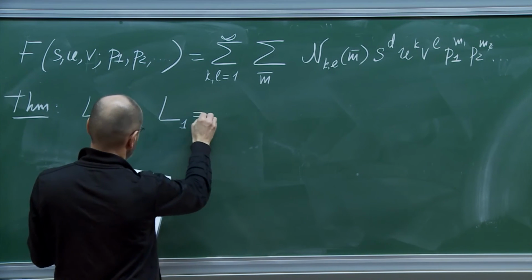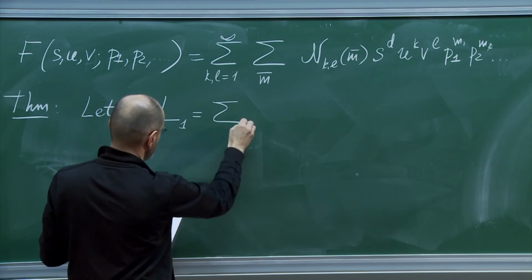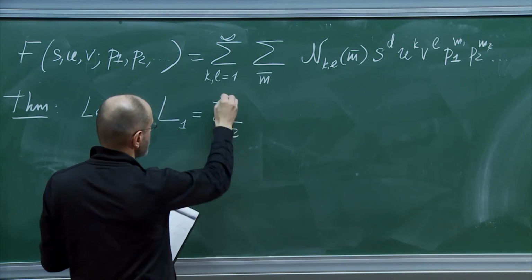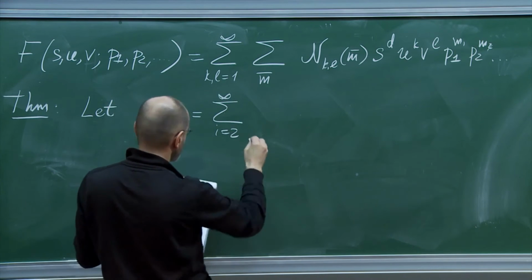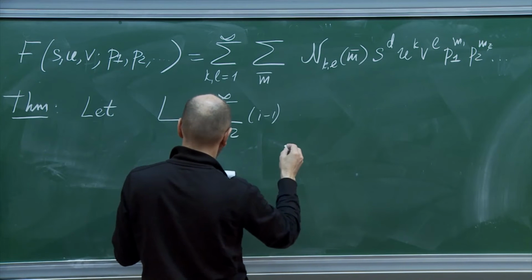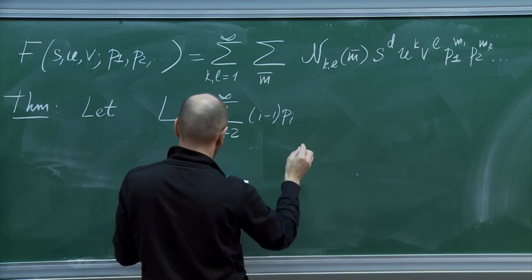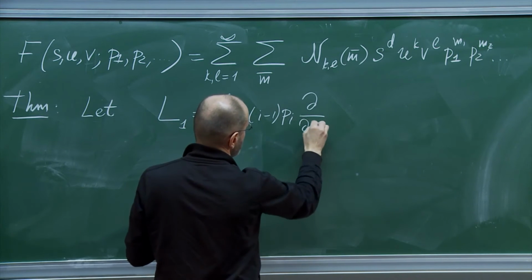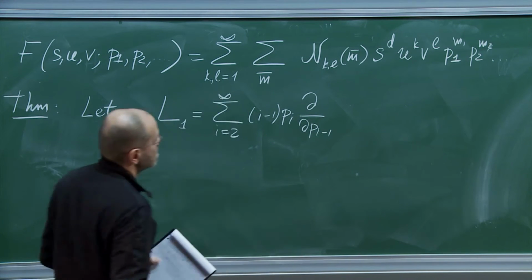L1 is the Virasoro operator. It's the sum over i from 2 to infinity of (i minus 1) p_i times del over del p_(i minus 1).